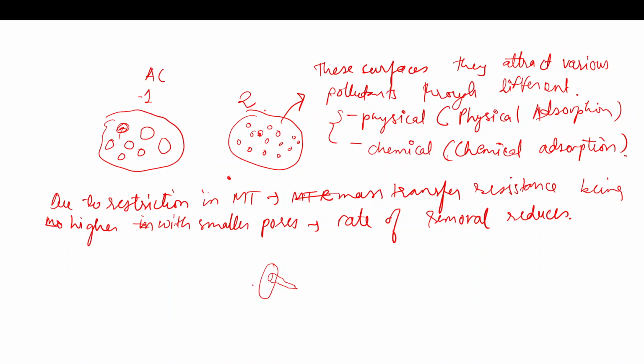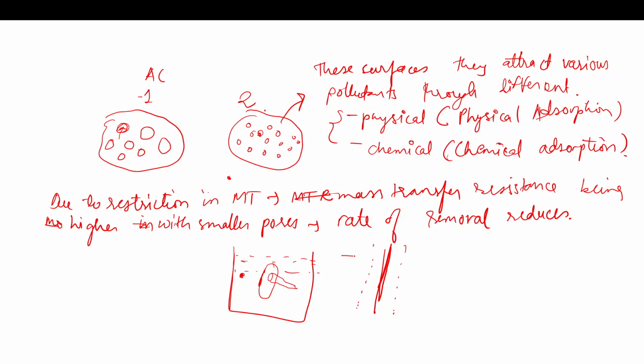This is the beaker or the tank in which there is wastewater. This is water, so the pollutant is in this water phase. Let's say this is the boundary between this solid and the water, so there is a layer called boundary layer thickness.